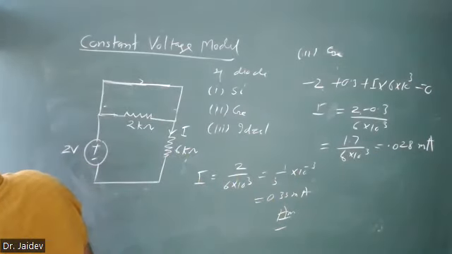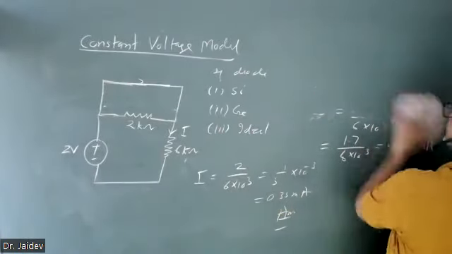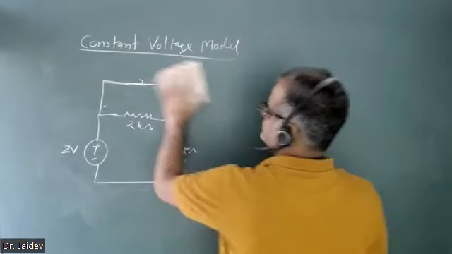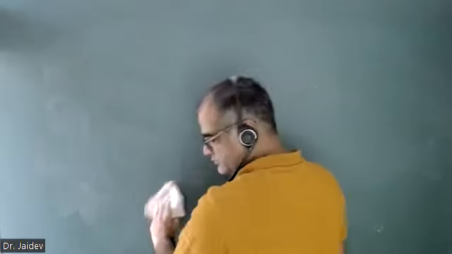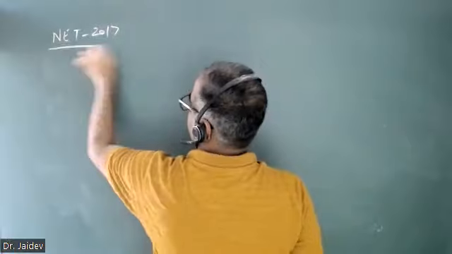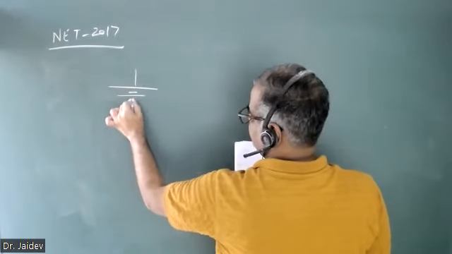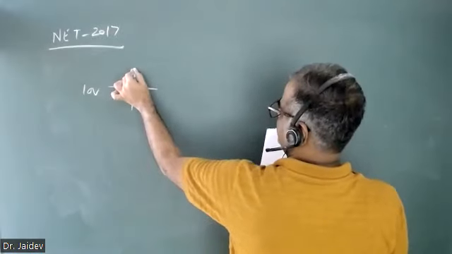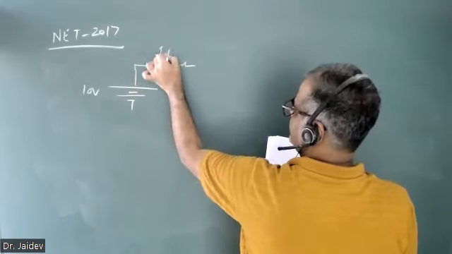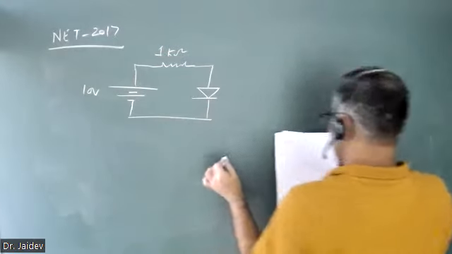Okay, now let's do one more question. This is a 2017 question. This is your 10 volt, and this is your 1 kilo ohm, and this is your diode.